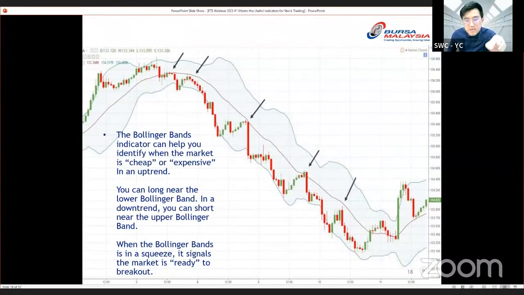When the stock price drops below the 20 days moving average and hits the lower band, theoretically it asks you to buy when it's in a downtrend. When the price is going down, it asks you to buy at the lower band, expecting a rebound. When it rebounds to the mid band, which is the 20 days MA, you sell it. This is the theory way.